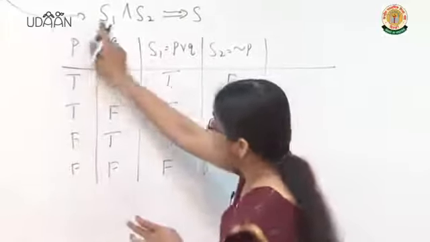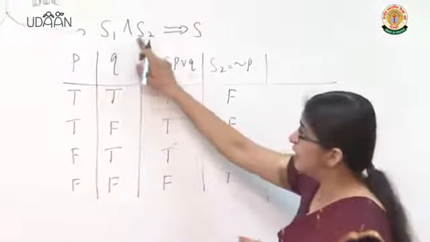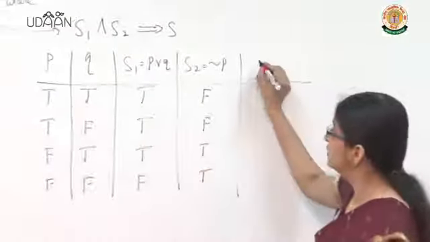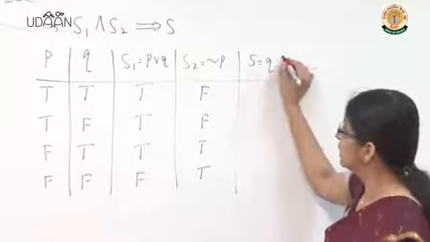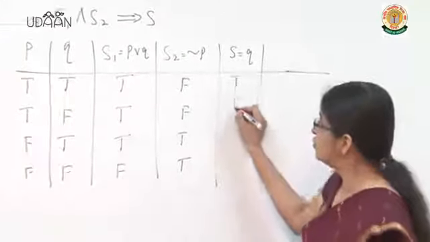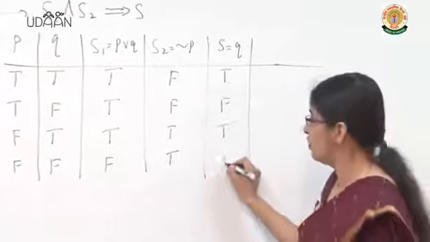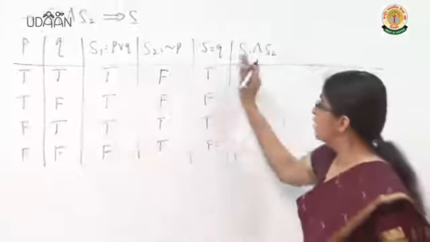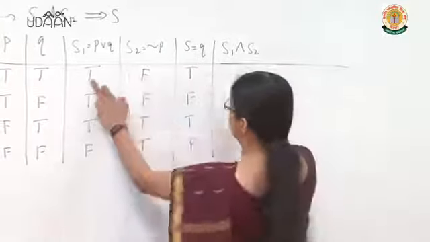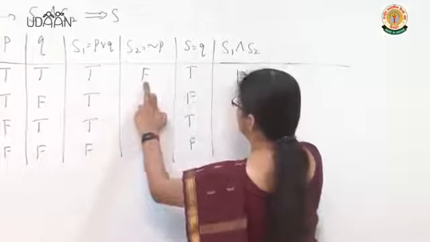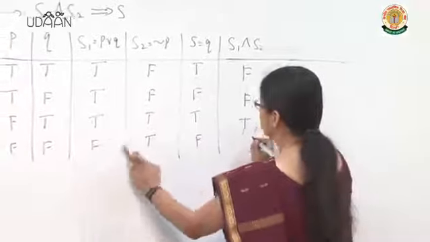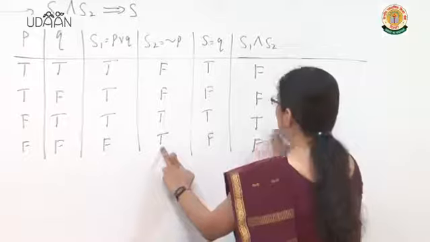Then we have to calculate S1 intersection S2 implies S. S is the same as Q, S equal to Q. Let's rewrite it, which is true, false, true, false. Let us make column for S1 and S2. S1 and S2, true and false, false, true and true, false and true, which is false.